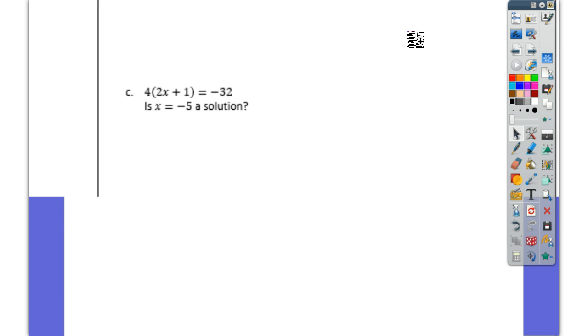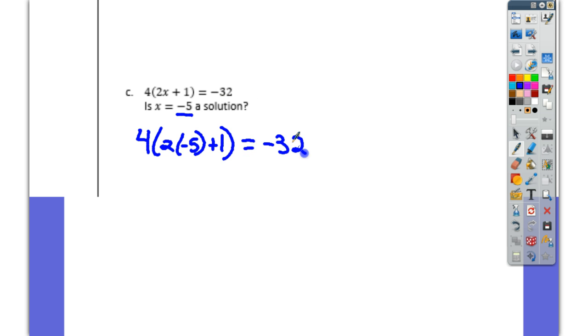Letter C. How about negative 5? Is that the solution? Would that be the right answer? 4 times 2x, that means 2 times a negative 5 plus 1. Does that equal your negative 32? I don't know. Does it?